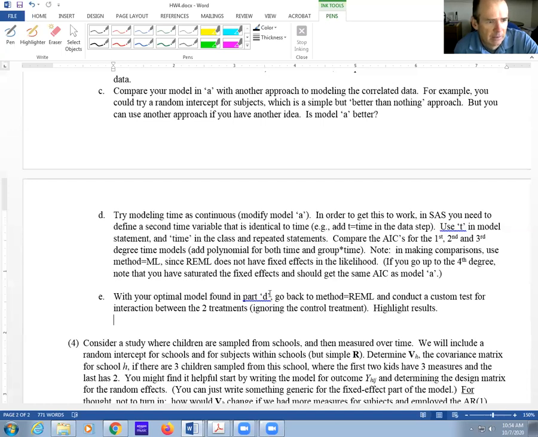But then you can go back to why we use REML. The whole point is that we're trying to reduce underestimated standard errors, and that whole issue of what you divide by in the denominator. So for your final model, you can go back to REML.